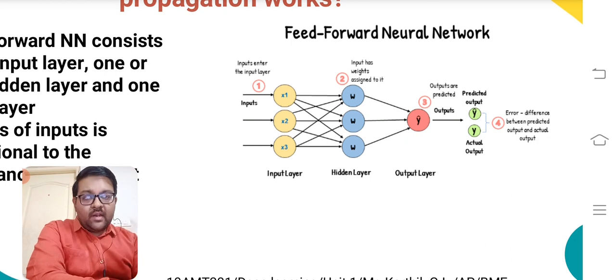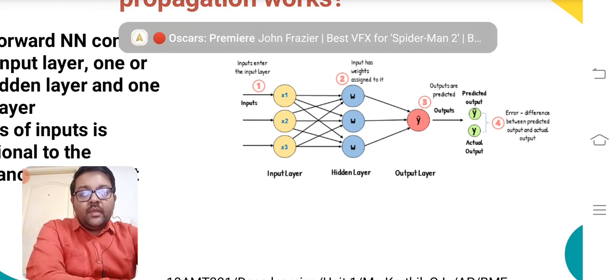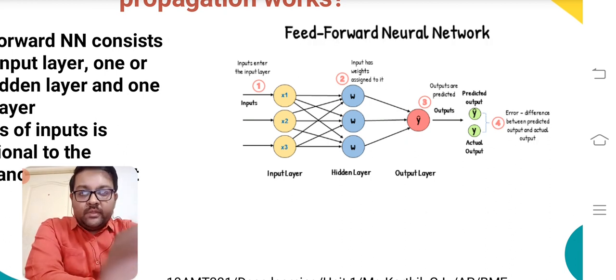So we give this error data from the output layer to the input layer, and corrections or adjustments of the weights are done, so that the difference between the predicted output and the actual output is almost zero, so that the errors can be minimized.